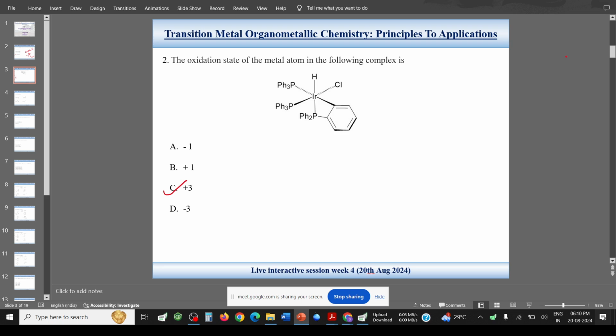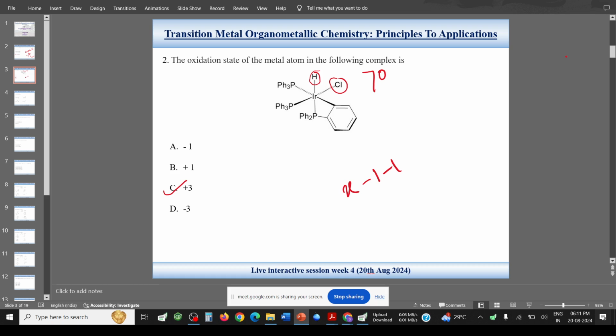So here you can see that the iridium complex is as a whole neutral, so there is no outer charge here. To calculate the oxidation state of the central metal, I will first let it X. Then here we have hydride and chloride. So we can write -1 and -1.